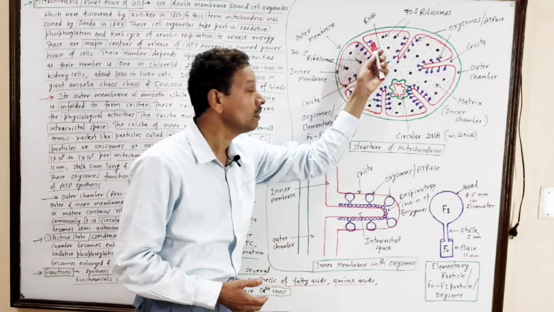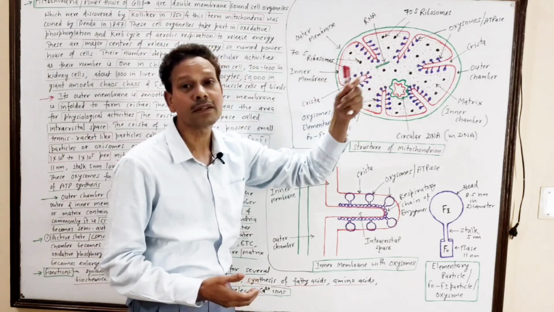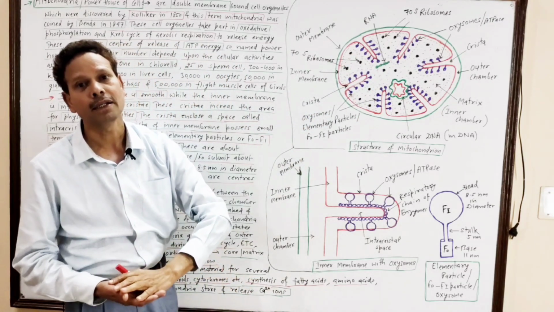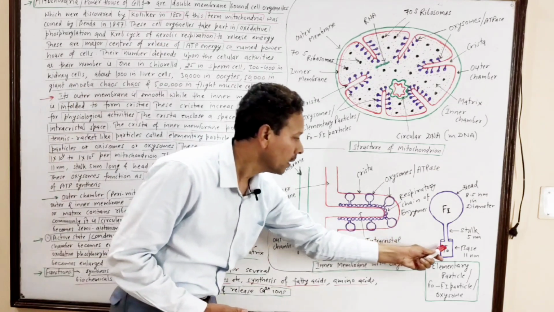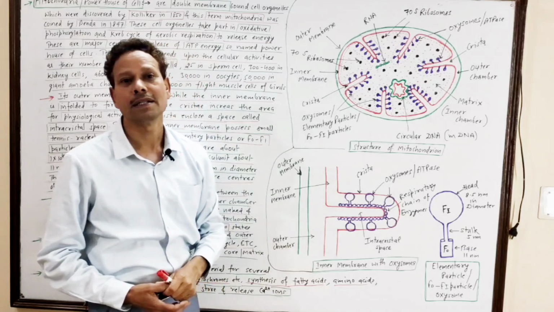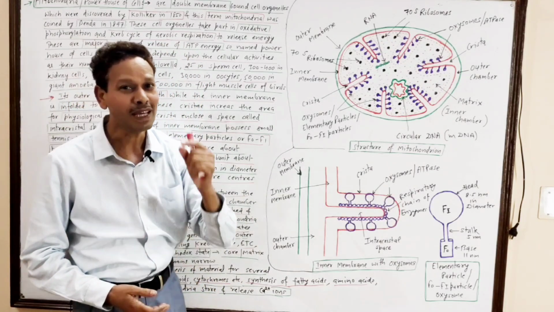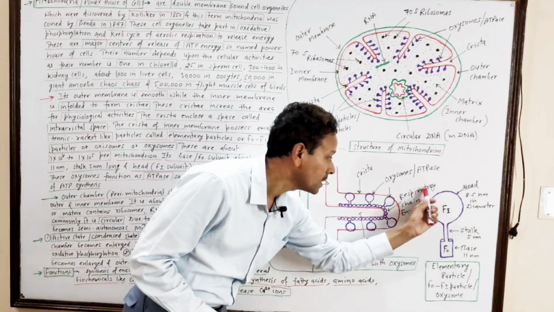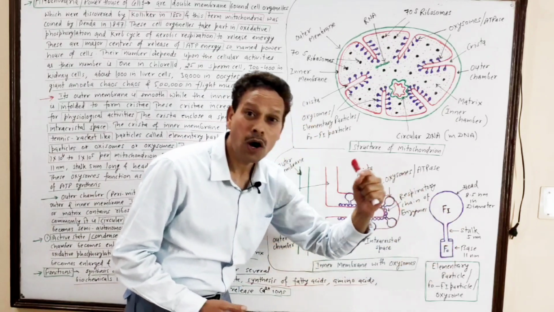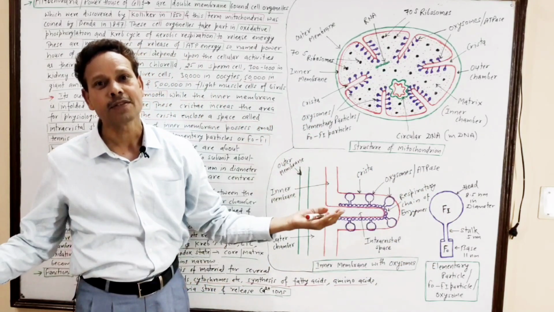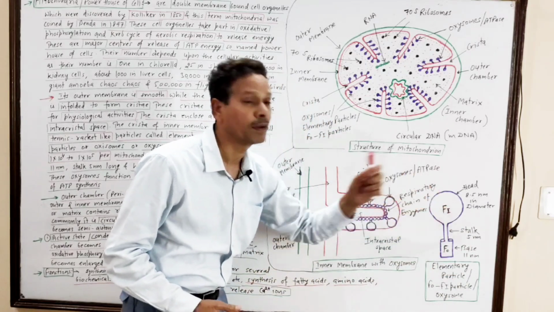On these cristae, the infoldings possess tennis racket-like particles. These are elementary particles, F0, F1 particles. Note down, these are ATPase, the main center for the synthesis of ATP. These particles are also named oxysomes.